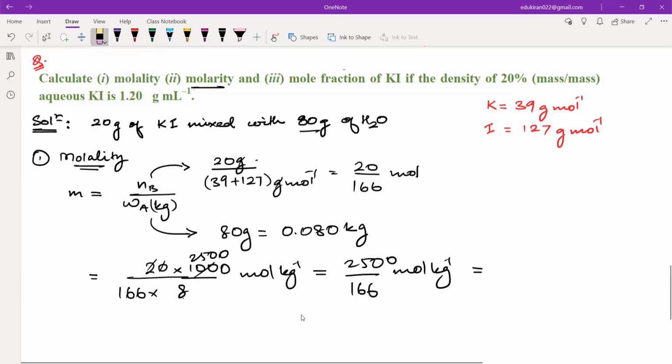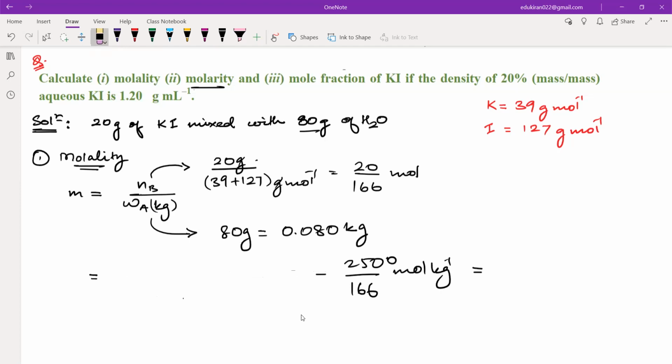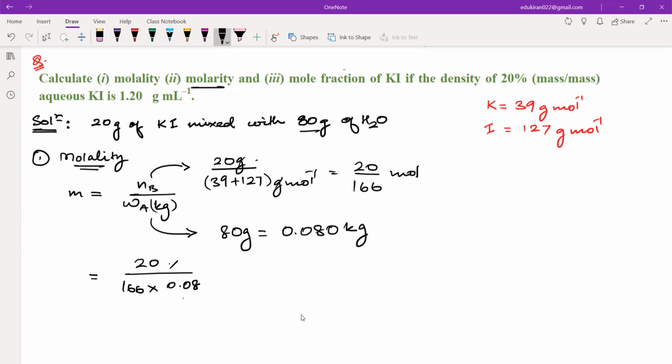Do this once again. This will be equal to how much? n_B is 20 upon 166 into 0.08. This will be equal to 20 upon 166 into 8 into 100.